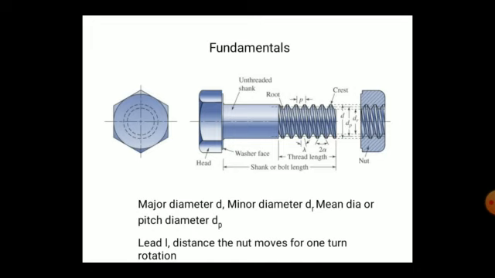During the fastening process, your bolt gets connected or joined with your nut. During this, if the nut moves one turn, that one turn is known as lead. So while selecting any bolt, you have to take care of these things.